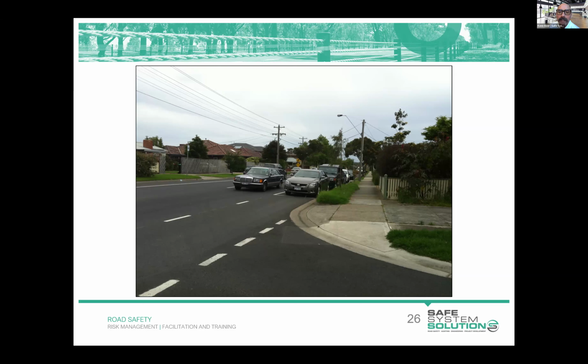Let me give a little story on the background of why I have my wry smile on my face. I remember as a young engineer in the Victorian Road Authority, I had a bit of a challenging situation in a rural environment, so not similar to this, and I recommended the convex mirror.